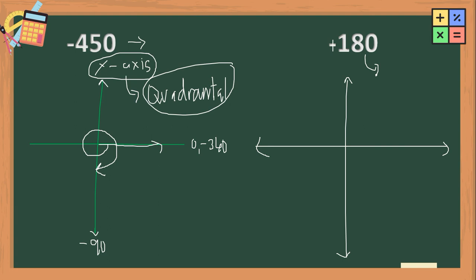Second quadrant. Mali! Quadrantal kayo, X-axis dyan. X-axis quadrantal. Very good. It's x-axis quadrantal. Okay, this is located here, X-axis, but quadrantal ang tawag. Nagets? Yes, sir. Alright.